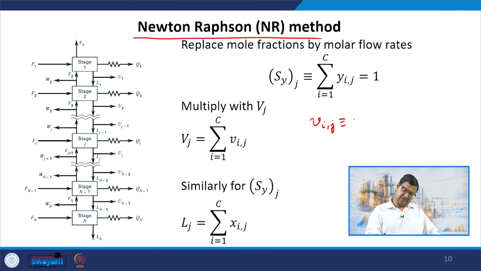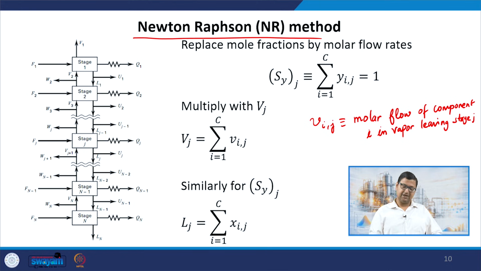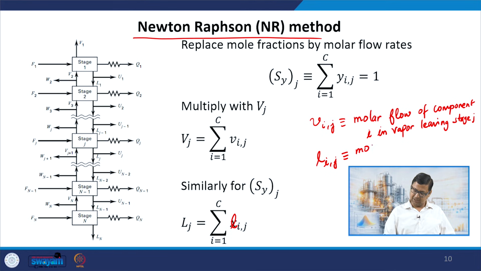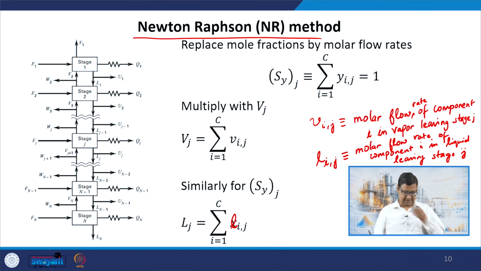Vij is my molar flow rate of component I in vapor leaving stage J, and I define this small lij as the molar flow rate of component I in liquid leaving stage J, right.